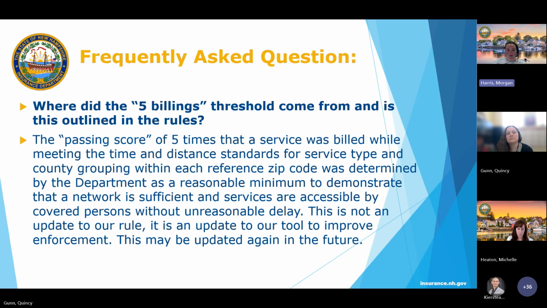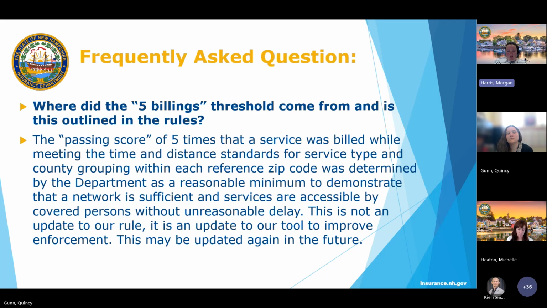It really wasn't giving the department any useful information as to what's going on in networks because everyone was passing. To us, there were no gaps, even though we know from industry and from legislatures that there are gaps in things like alcohol and behavioral health, primary care, and women's health, but we just weren't able to see those because our threshold was so low.